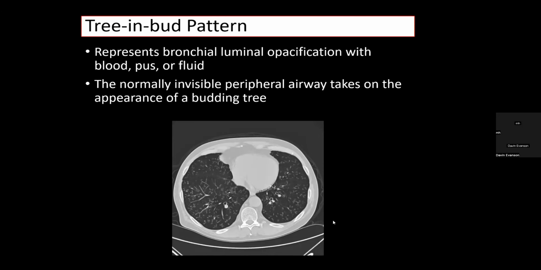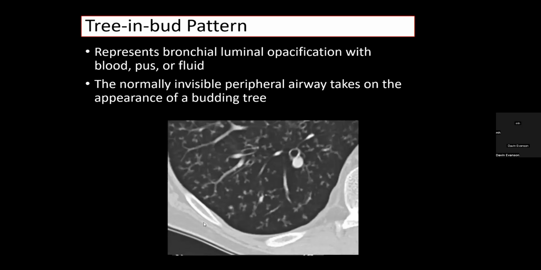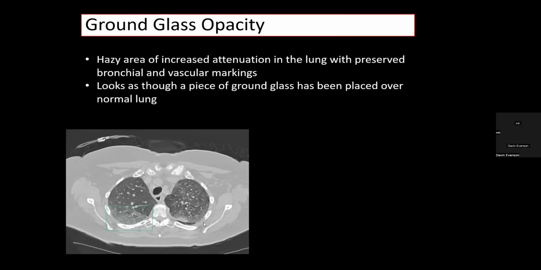Tree and bud. We're getting to springtime, and you see these little tree and bud opacities that tells you infectious or inflammatory. Usually. Ground glass, somewhere between normal lung and a full alveolar consolidation, just a little bit gray.